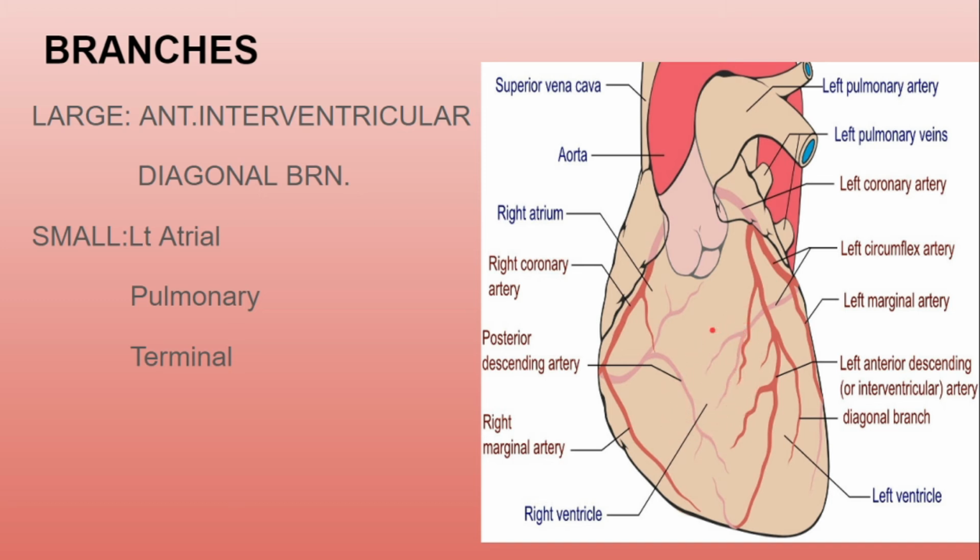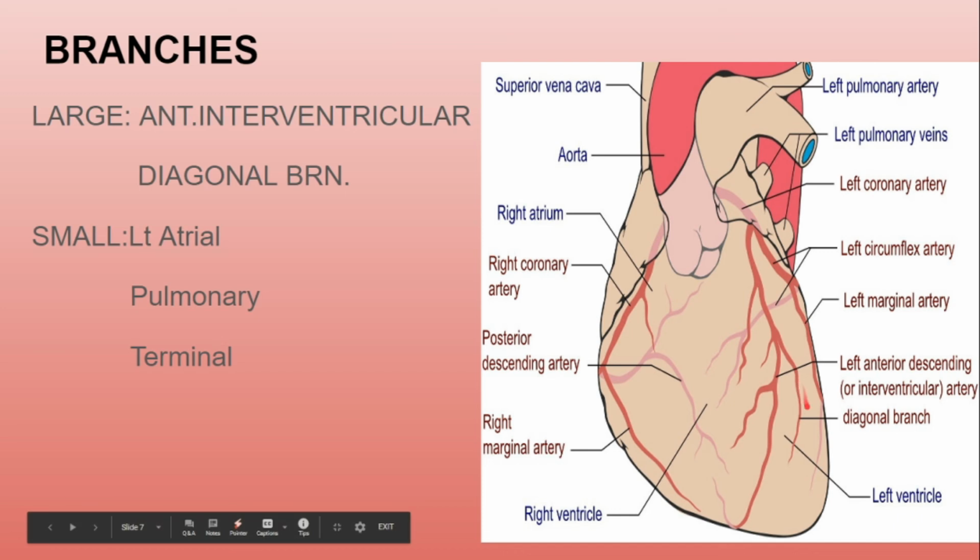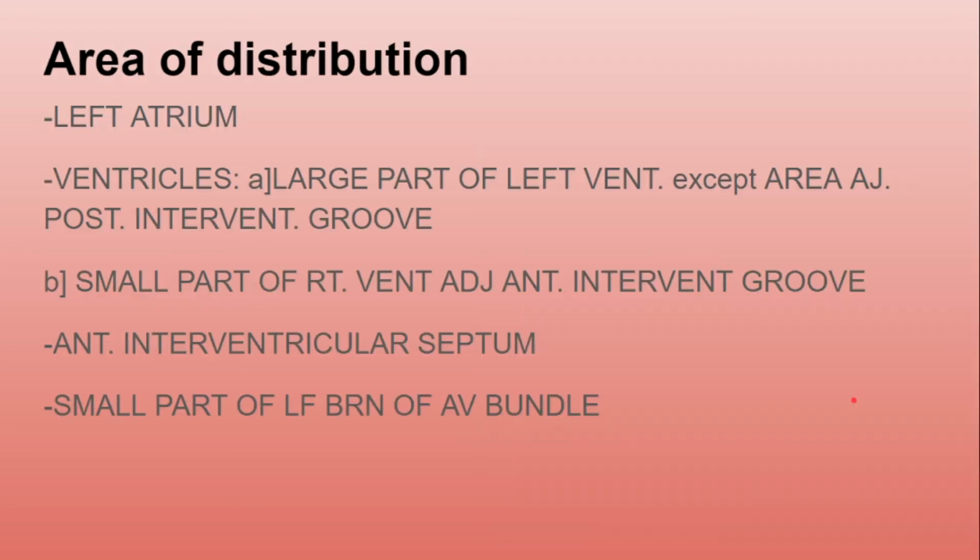Now the branches of the left coronary artery are the anterior interventricular artery and the diagonal branch. This is the diagonal branch, as you can see. The small ones are the left atrial, pulmonary and the terminal branches.